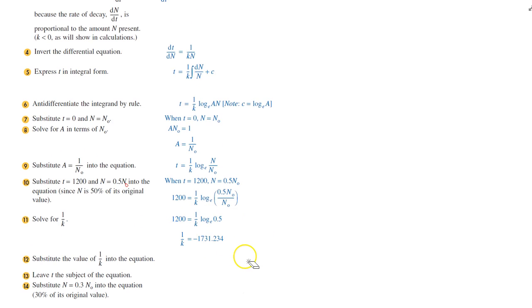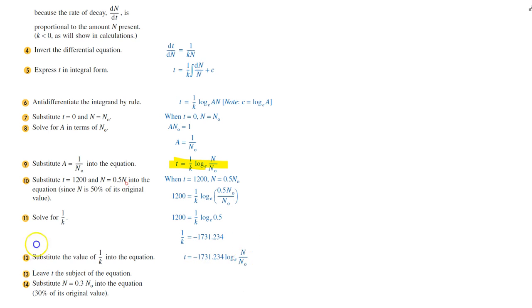And so we can solve and find that 1 on k equals negative 1731.234, and we can sub that back into our original equation, which gives us t equals negative 1731 log base e of N on N0.